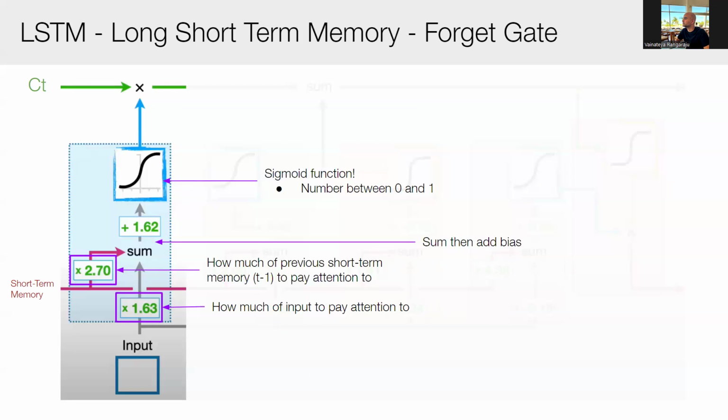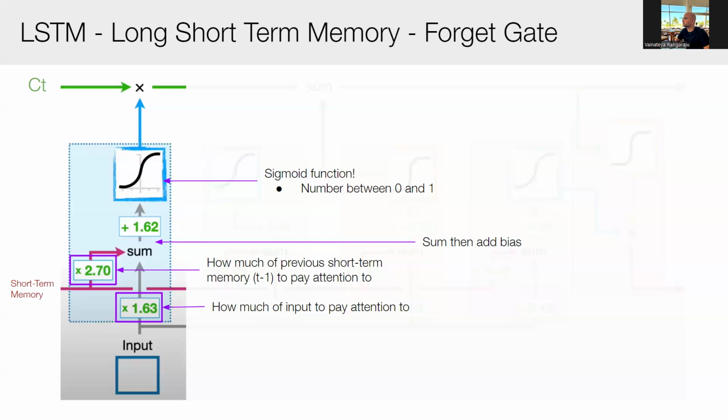So let's say we have our input, we multiply by 1.63. We have our short-term memory, we multiply by 2.70. Now we add these together and then add a bias on top of it, right? So now we have this amalgamation that shows us this is our input that's coming in, and this is how much we're going to pull from the short-term memory.